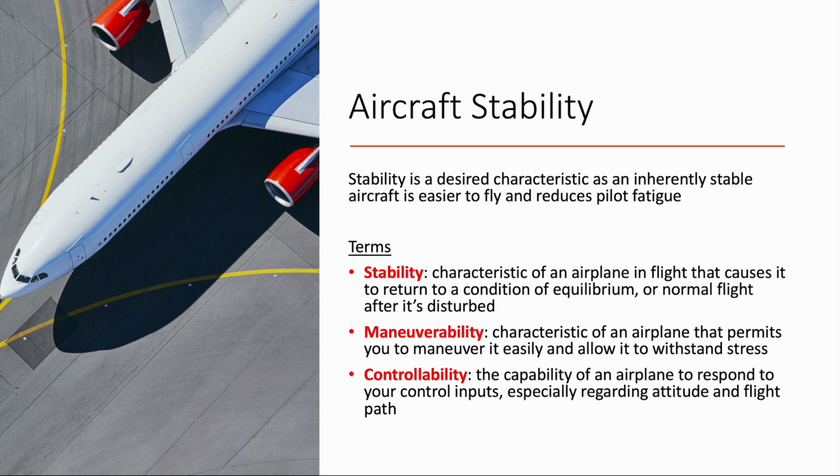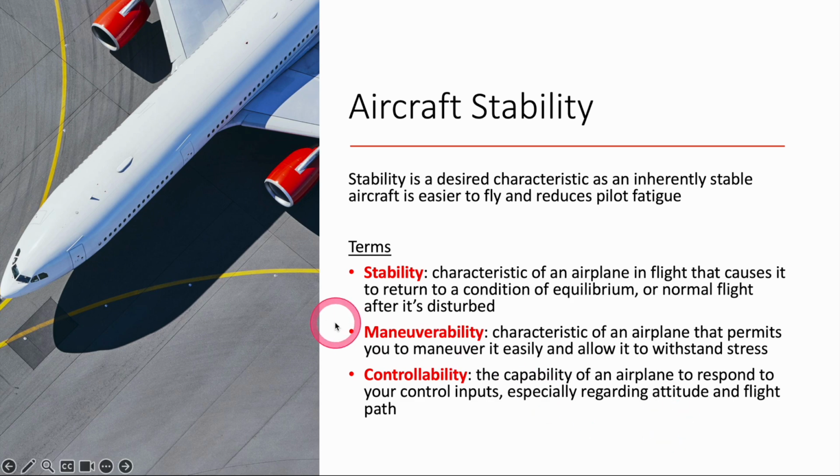You've seen people flying level and then all of a sudden they pitch completely vertical and fly upward. That increases the amount of stress on the aircraft and it's able to withstand it. And controllability is the capability of an airplane to respond to your control inputs regarding attitude and flight path.